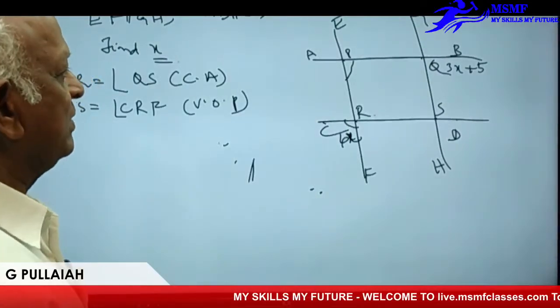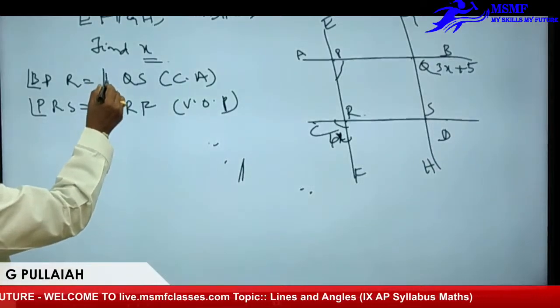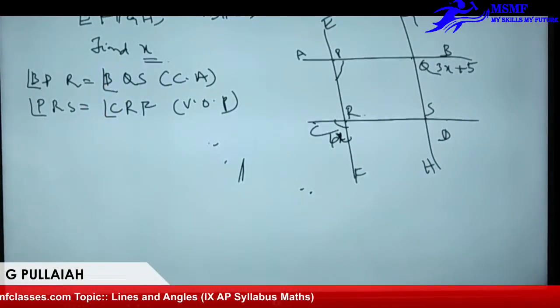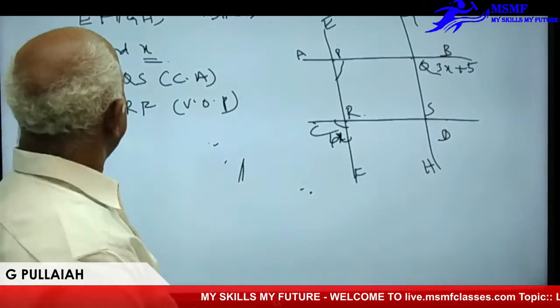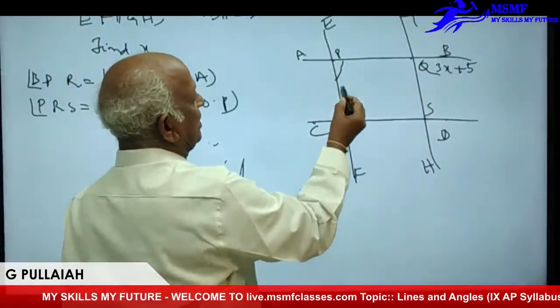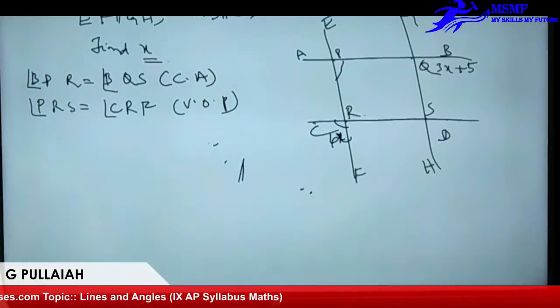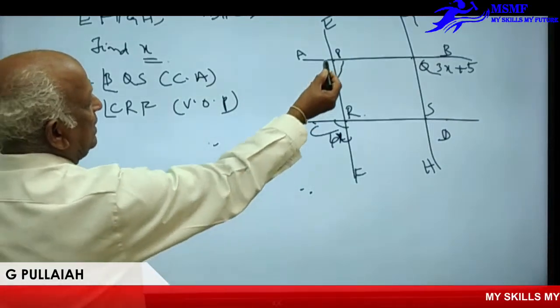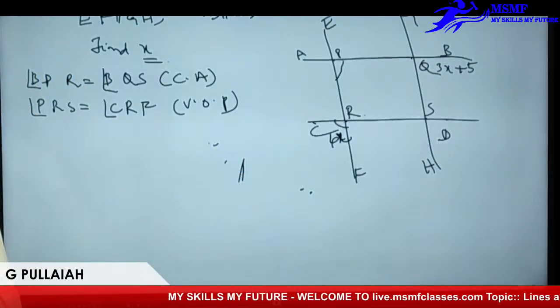BPR is equal to BQS, and PRS is equal to CRF. Clear? So here BPR, this angle is equal to BQS because they are the corresponding angles. Similarly, if you take this as PRS, that is equal to CRF. These are the vertically opposite angles.